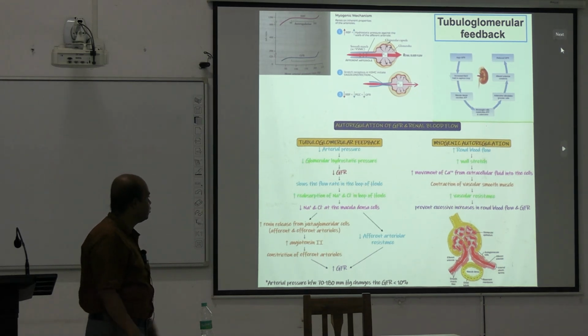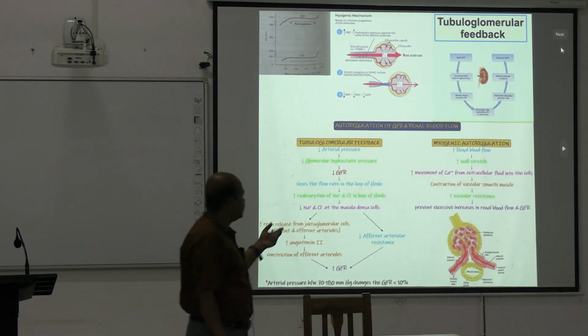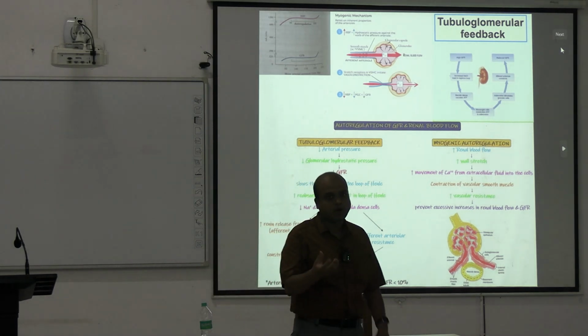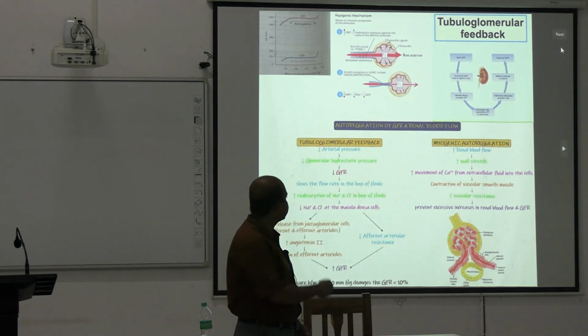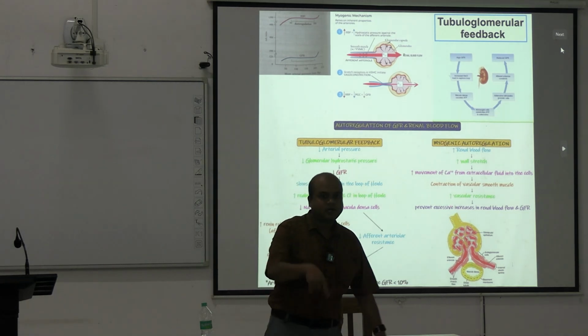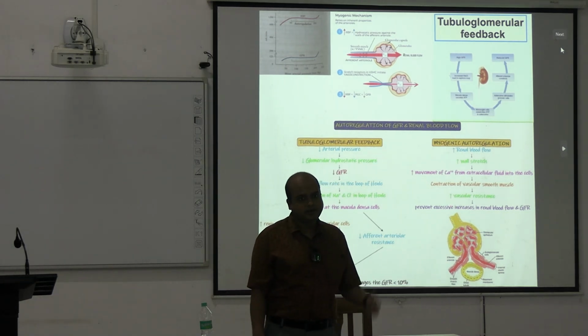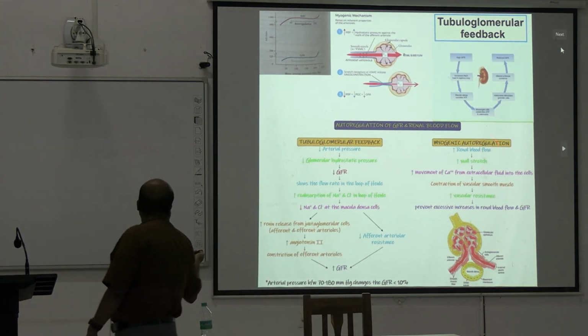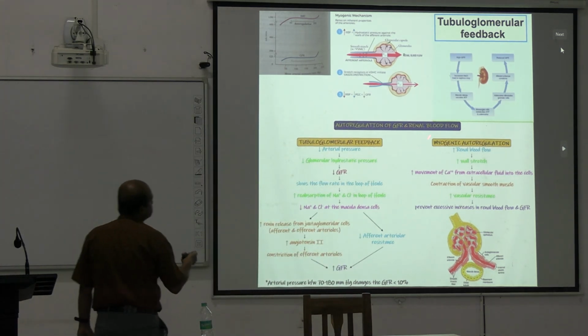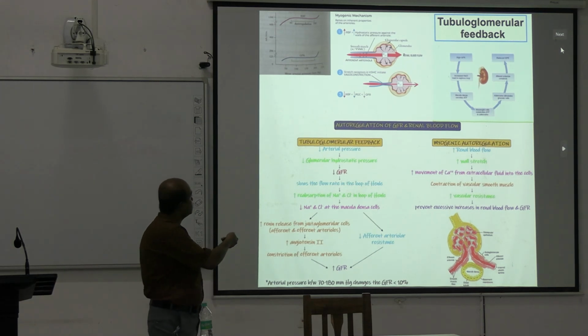And myogenic autoregulation is a similar thing: when renal blood flow is increased, the wall stretches, and this stretch affects the contraction of vascular smooth muscle, so that again it can be normalized. These are all negative feedback methods. This is about TGF and myogenic autoregulation, autoregulation of GFR and renal blood flow. This was also done.